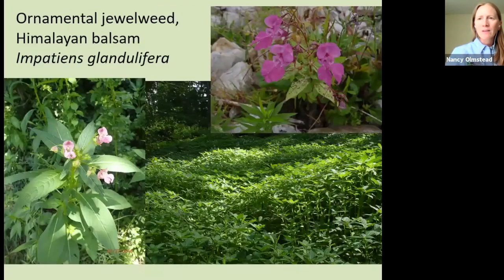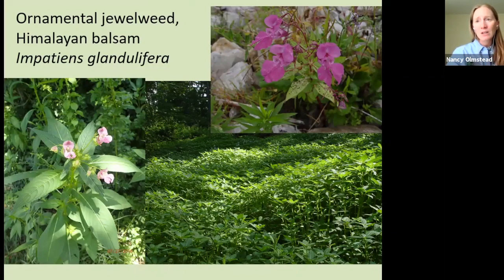A plant that is spreading in Maine, not common everywhere yet, but very bad in the mid-coast, is ornamental jewelweed, which is also known as Himalayan balsam or pink jewelweed. This is an annual plant. It's fleshy, kind of herbaceous, like our native jewelweed.